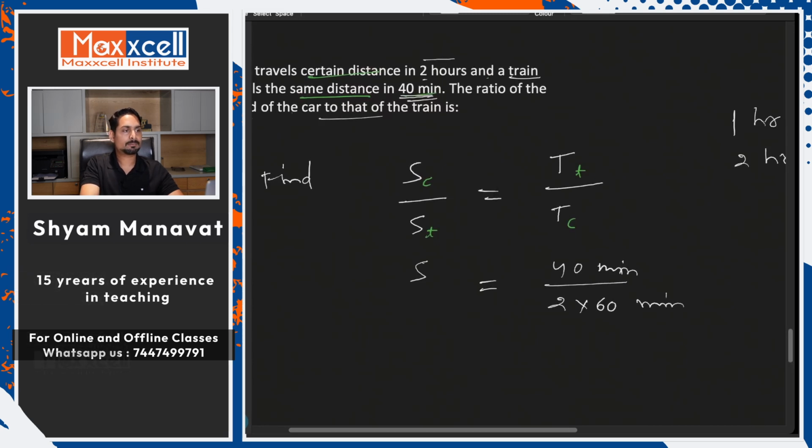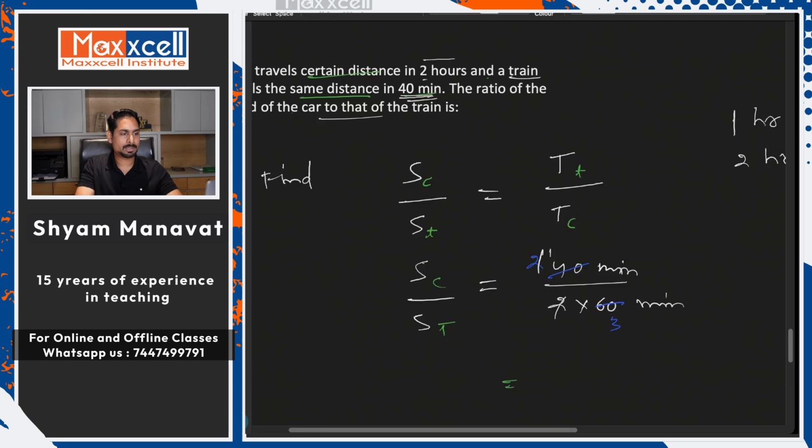This will get you speed of car by speed of train. Simplify this. 20 2s are 40, 3s are 60; cancel, 2 1s are 2. So what is the ratio here?